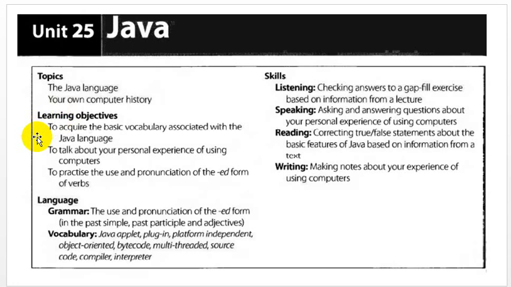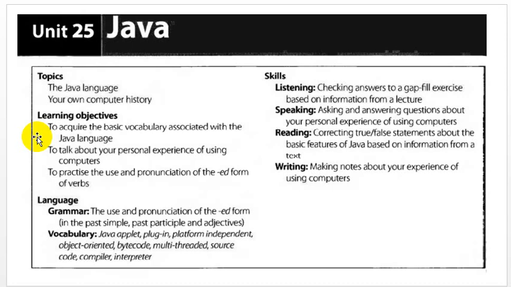What is the aim or objective of this lesson? To acquire the basic vocabulary associated with the Java language, to talk about your personal experience of using computers, to practice the use and pronunciation of the -ed form of verbs.